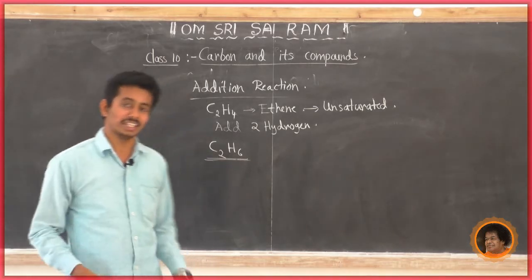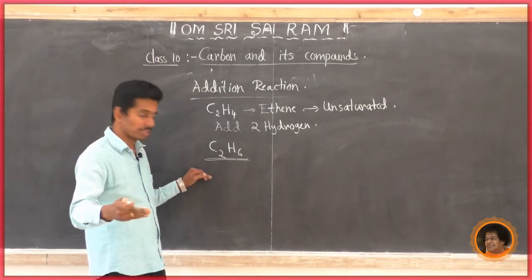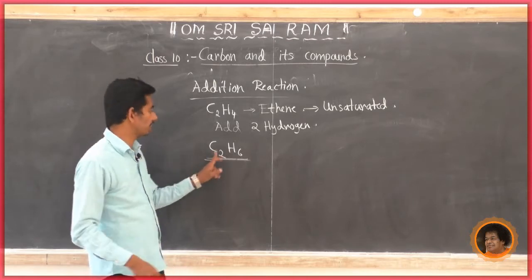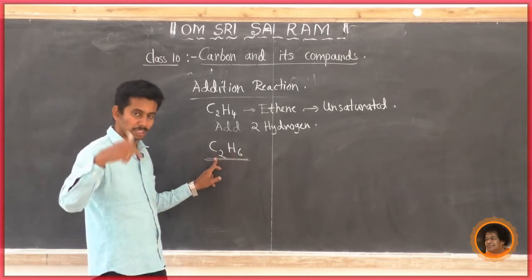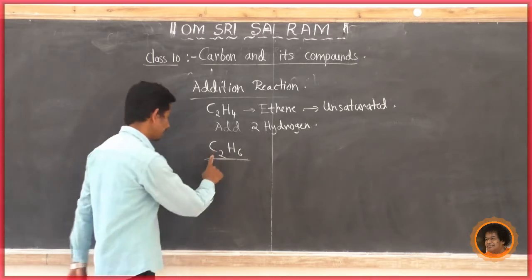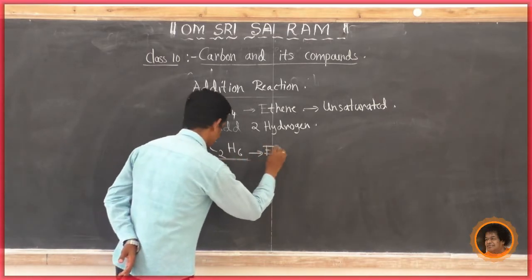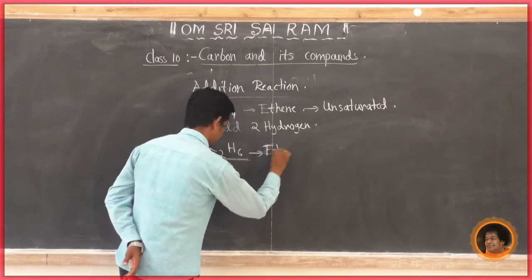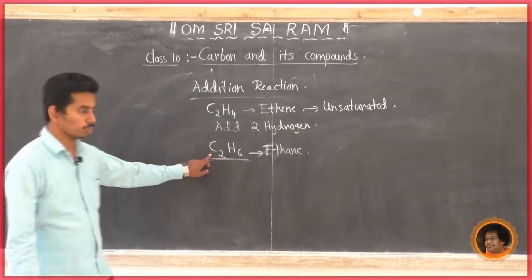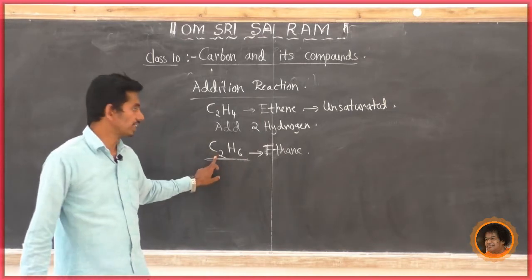CnH2n+2. Double the carbon atom, we get 4, then add 2, so 6. So C2H6 is an alkane, and we can write it as ethane. C2, carbon 1 is meth, 2 means eth. So it is ethane.